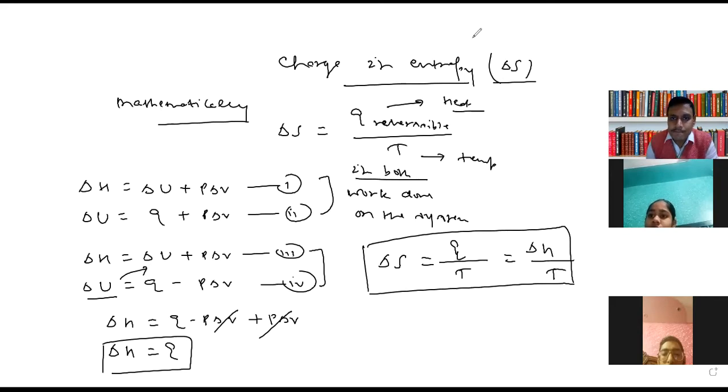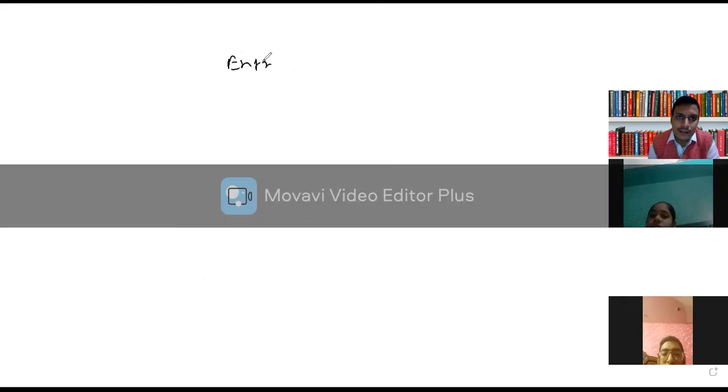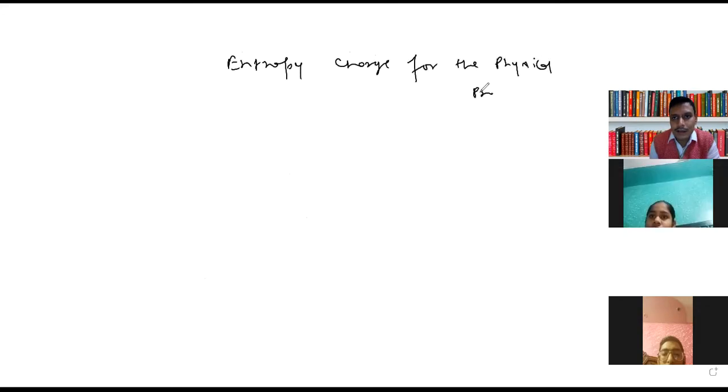Now, moving forward, if you take the example of entropy change for the physical process, this is the formula you can apply here.